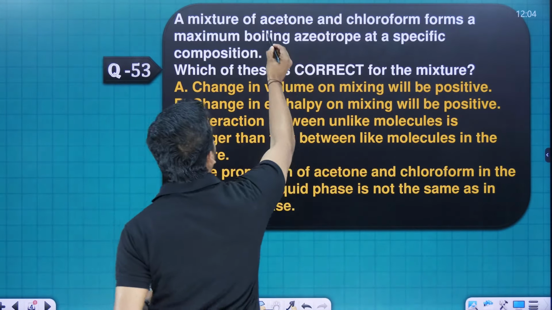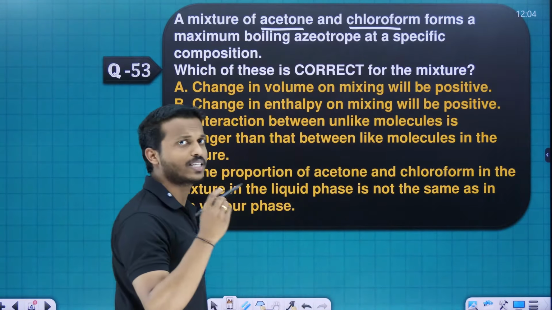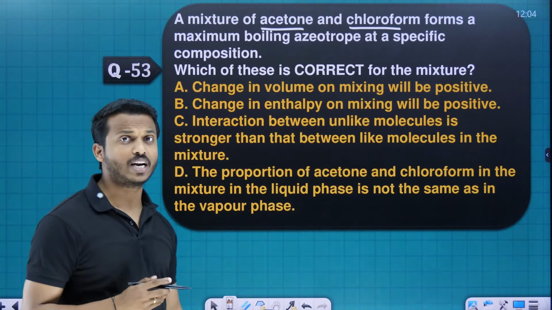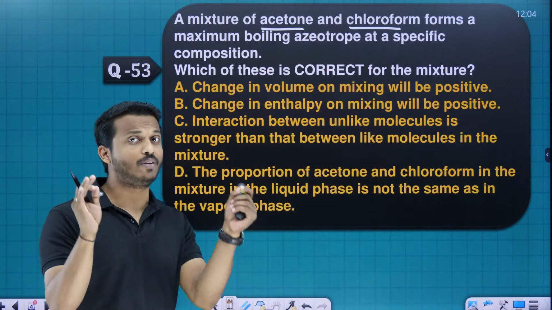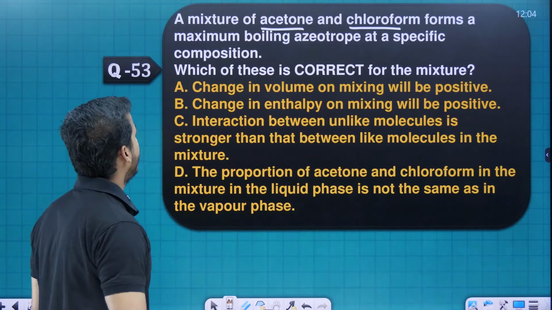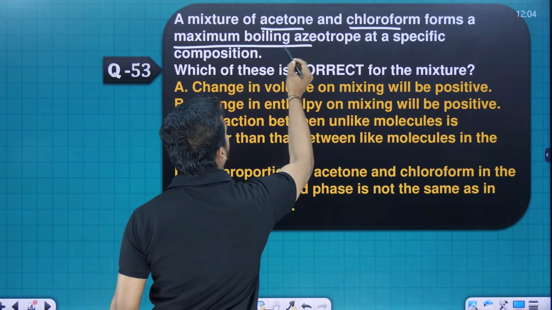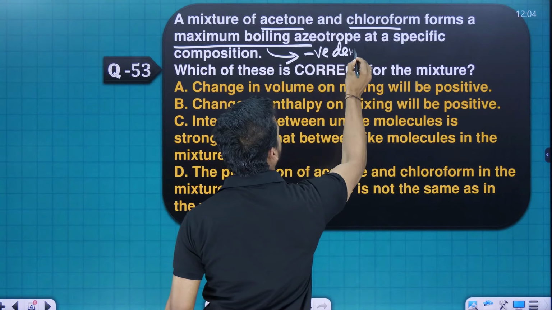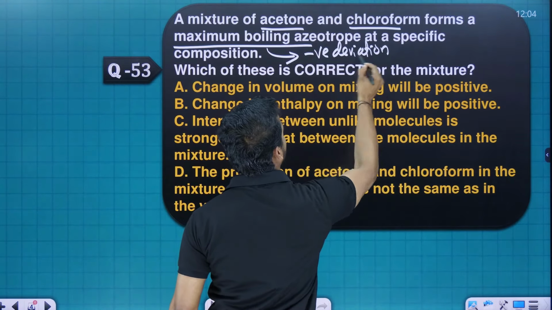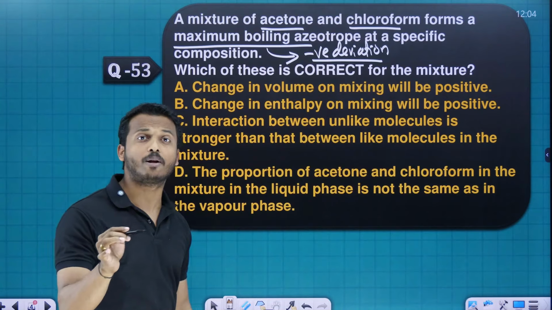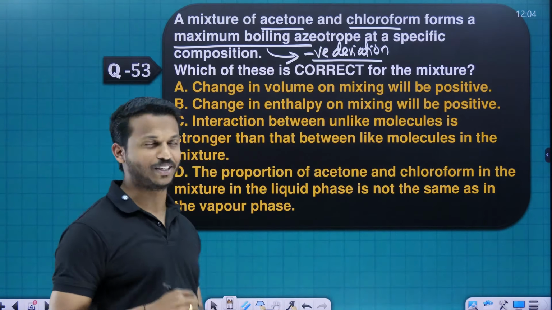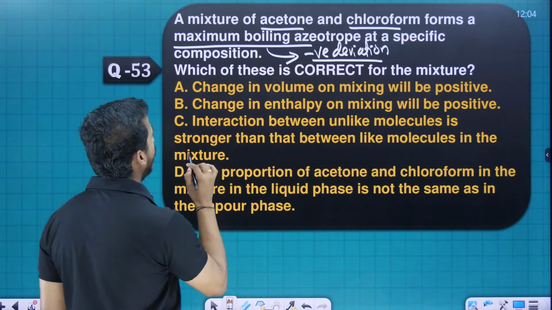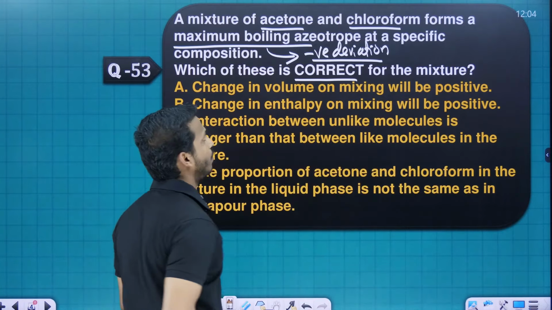A mixture of acetone and chloroform. You see, acetone and chloroform, where we studied positive or negative deviation, you should have a clear idea. They already said it's for maximum boiling azeotrope. That means it is a negative deviation, right? Acetone and chloroform are an example of negative deviation. So they're asking which of the following is correct for the mixture.